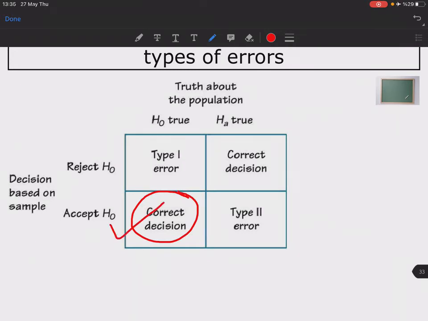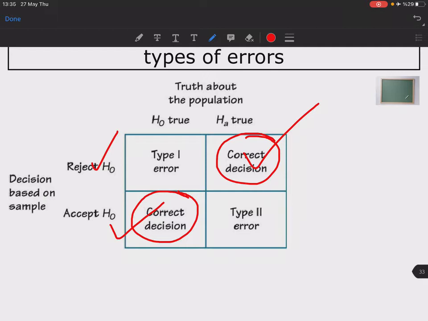It means that you do not reject H0, which is very nice. Or suppose that your alternative hypothesis is true and you reject H0, which is okay, you did it right. So it means that it needed to be rejected. So far, so good. But there are type 1 and type 2 errors.